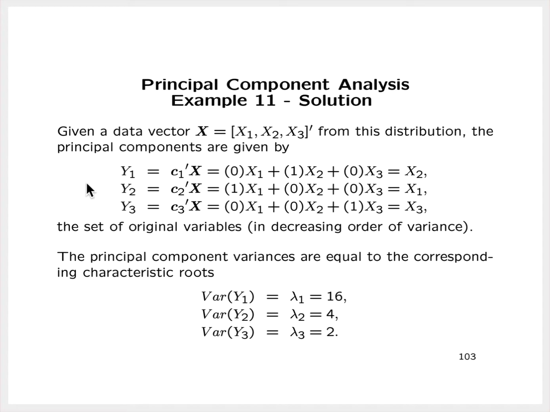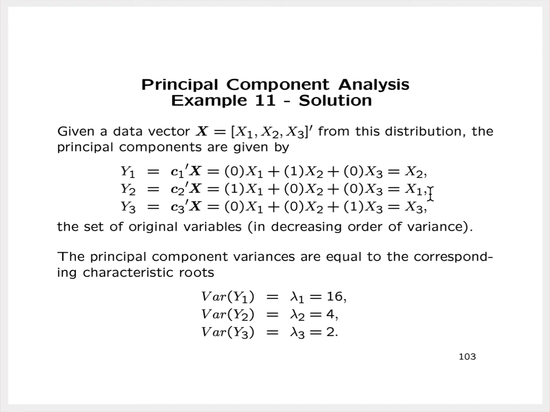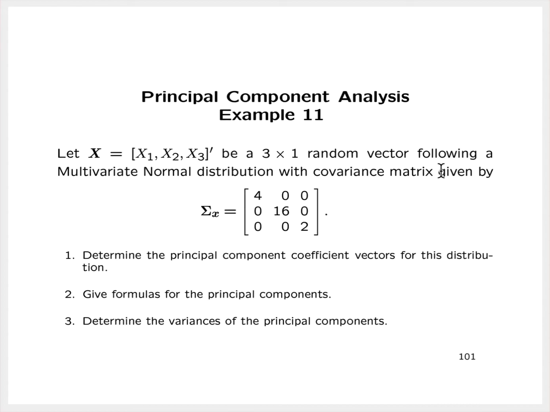The variances of the principal components, which again are equal to the characteristic roots of the covariance matrix of the x variables, are: the variance of y1 is equal to lambda 1, which is 16. The variance of y2 is lambda 2, which is 4. And the variance of y3 is lambda 3, which is 2. But again, these are just the variances of the original variables arranged in decreasing order. y1, the first principal component, is x2, and so we know that the variance of x2 is 16, and so that must be the variance of y1.